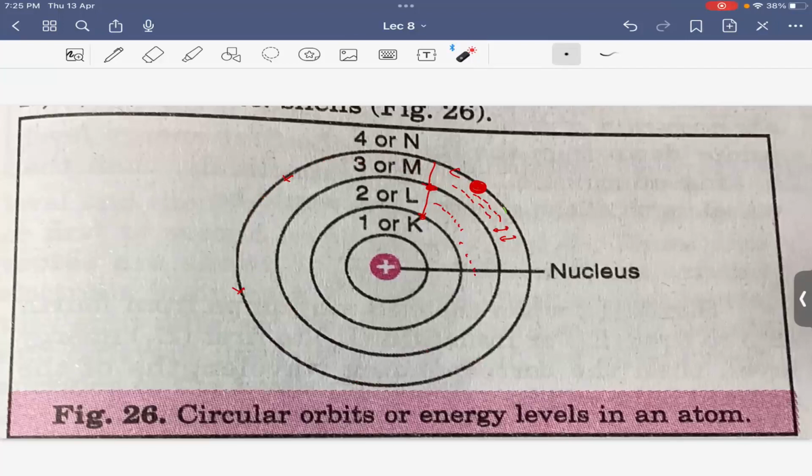Let's say the energy is E1. Irrespective of whether time t is equal to 1, or t equal to 2, or t equal to infinity, the energy of this electron remains the same. Hence it maintains its orbit in this way.